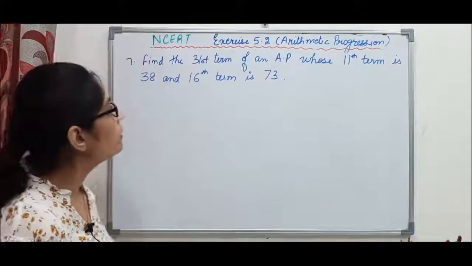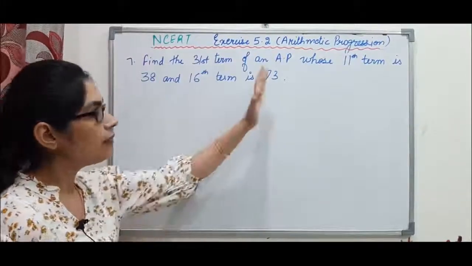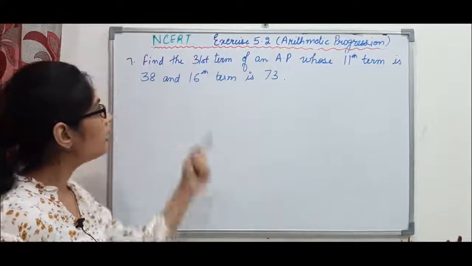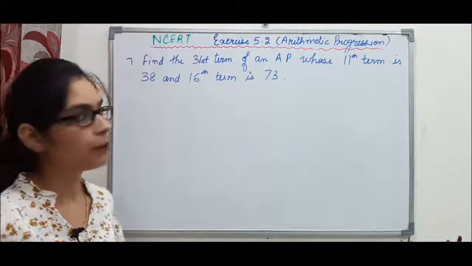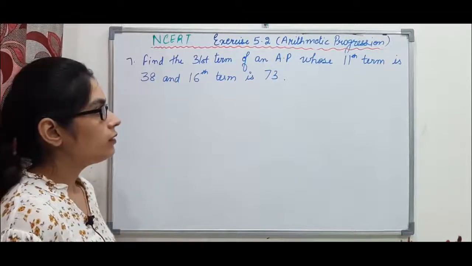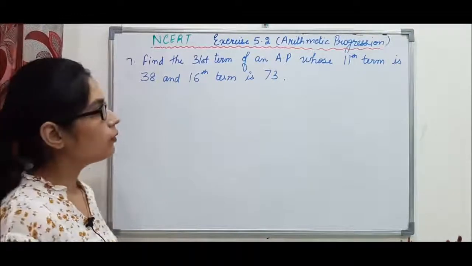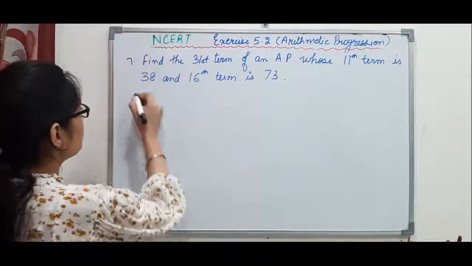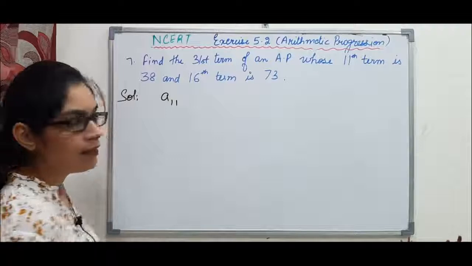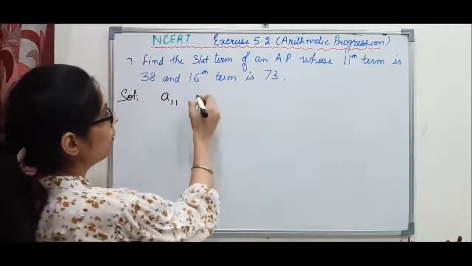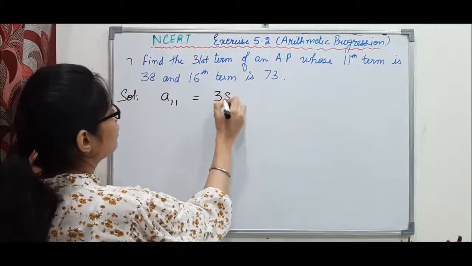In the 7th question, it's given: find the 31st term of an AP whose 11th term is 38 and 16th term is 73. So let's first write what is given to us. The 11th term is given, so I can write A11 or T11, you can write, it is 38.